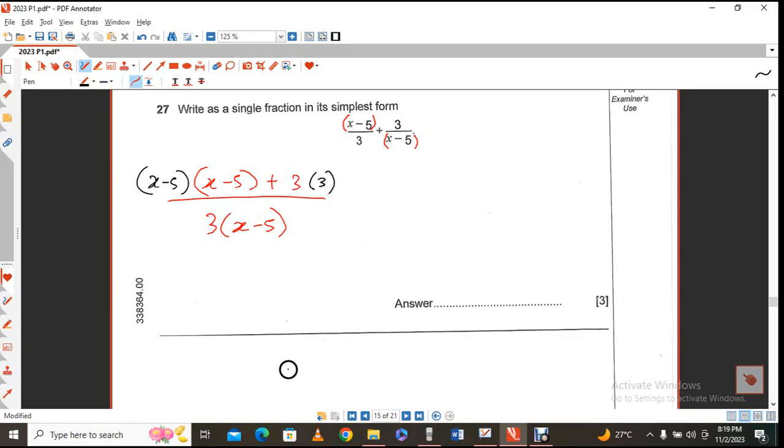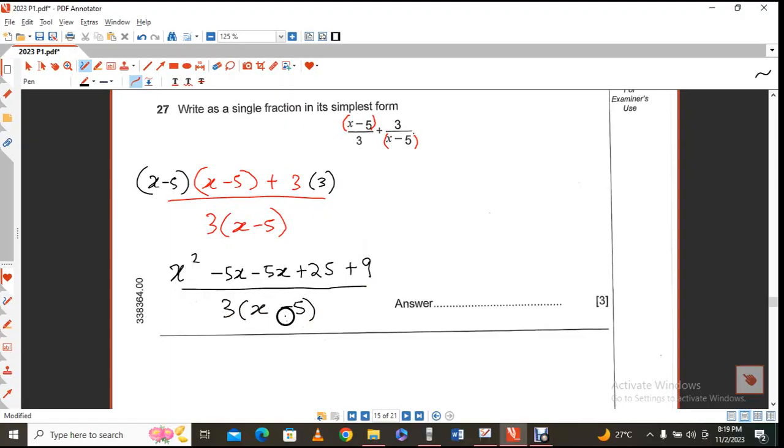Right. So please do not cancel out because you have multiple terms on top. You can go ahead and multiply that binomial. It will be x squared minus 5x minus 5x plus 25 plus 9 all over 3x minus 5.